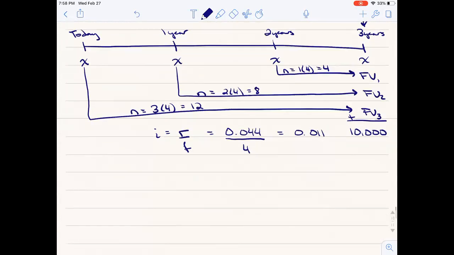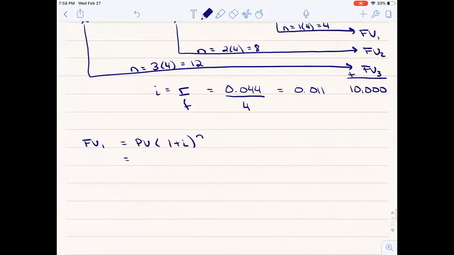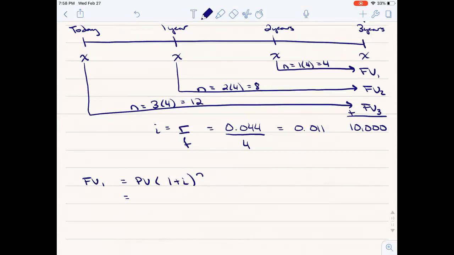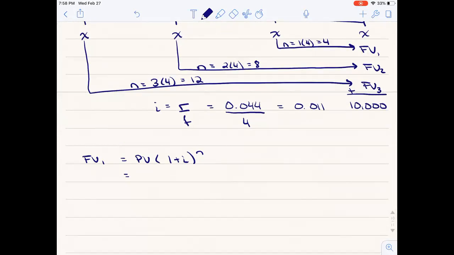We'll start with future value 1. Future value 1 is the present value times 1 plus I to the power of n. The present value for all of these is going to be x. And so the only thing that's changing, I is the same, the only thing that's changing is the n for each of the arrows.